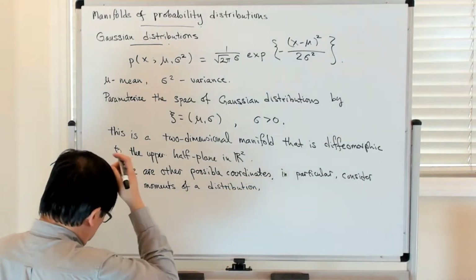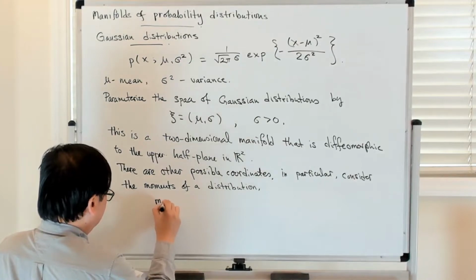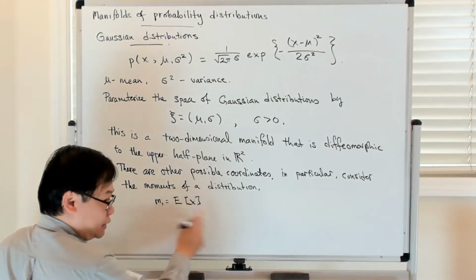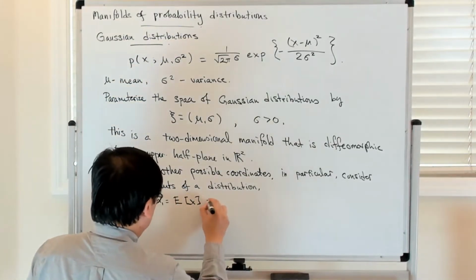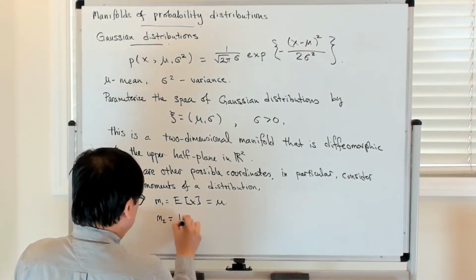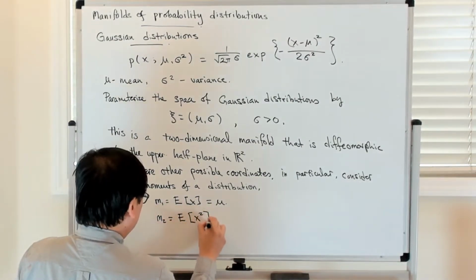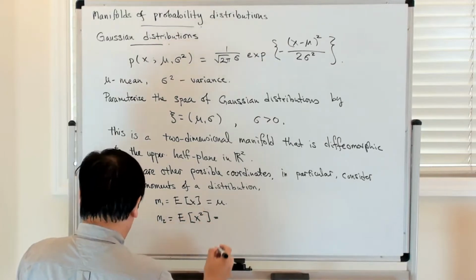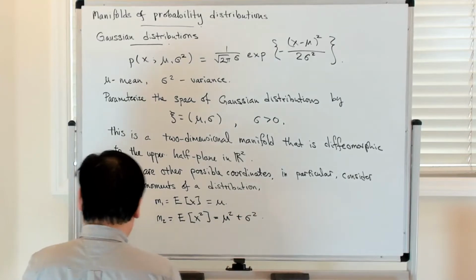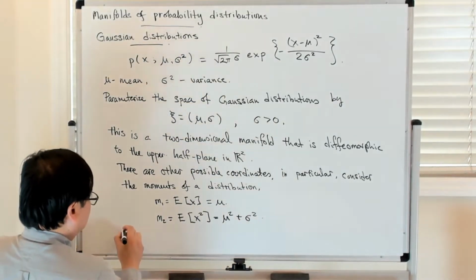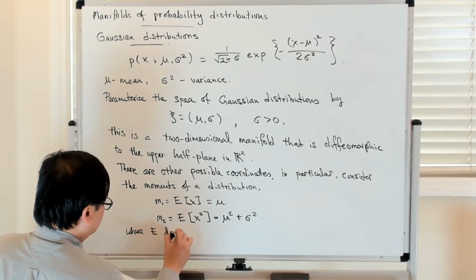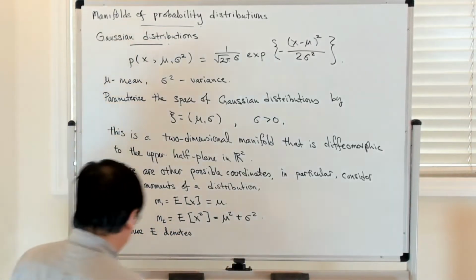So M1 is the expectation of x, which is obviously just the mean, so that's equal to mu. And M2 is the expectation of x squared, right? That's going to be mu squared plus sigma squared. Where E denotes the expectation of a random variable.